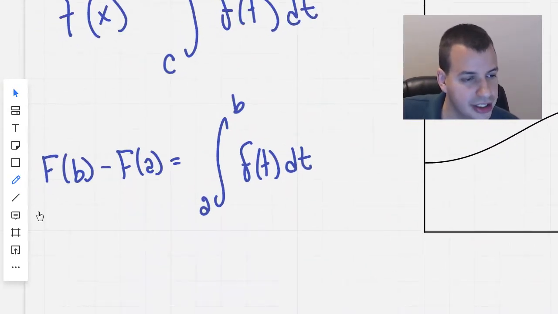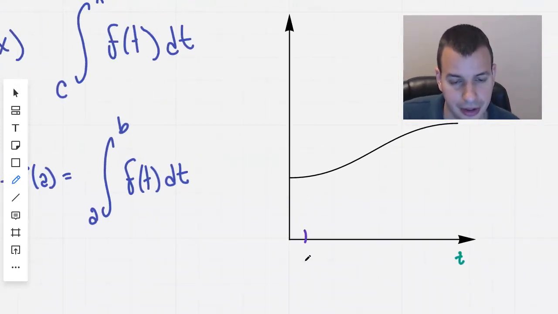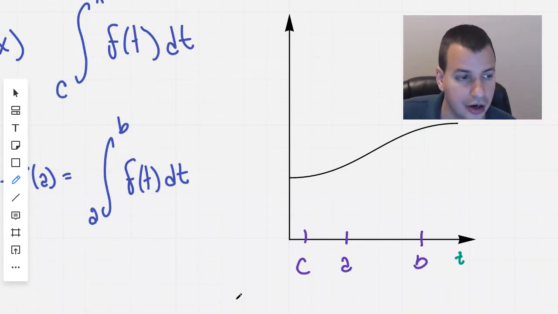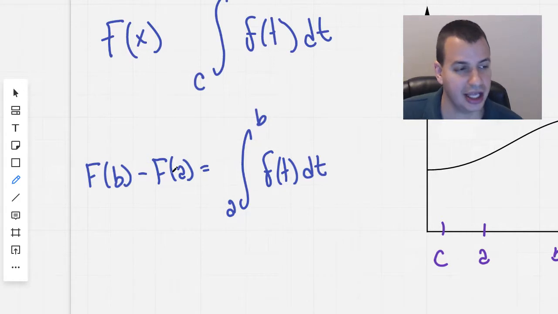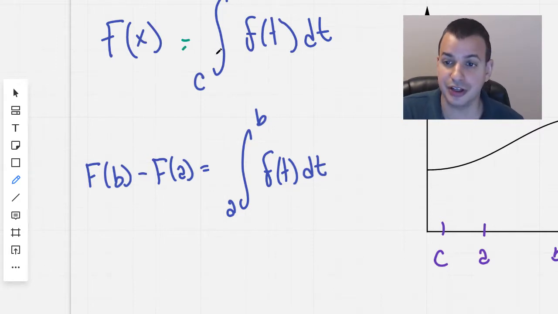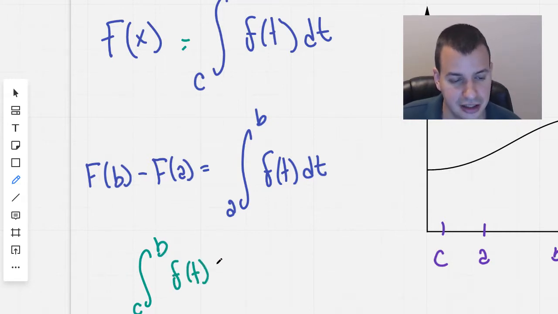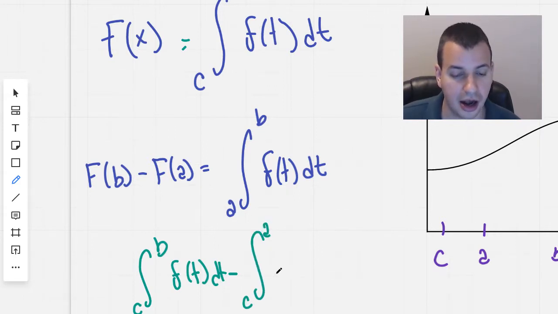The idea with this is, if we have c here, a here, and b here, what this is trying to say is F of b, from the first definition we had, would be the integral from c to b of f of t dt minus the integral from c to a of f of t dt.